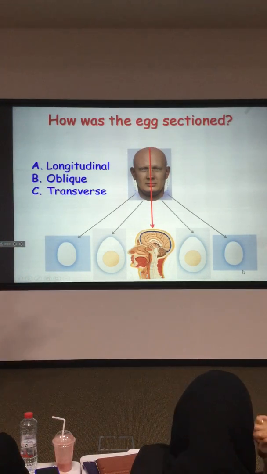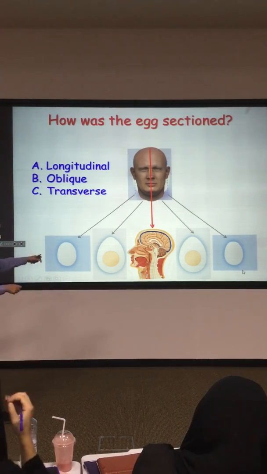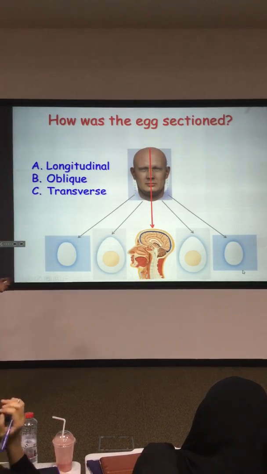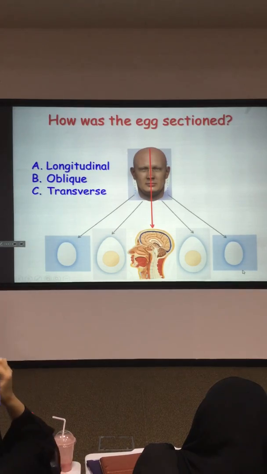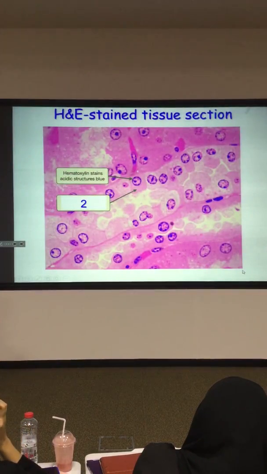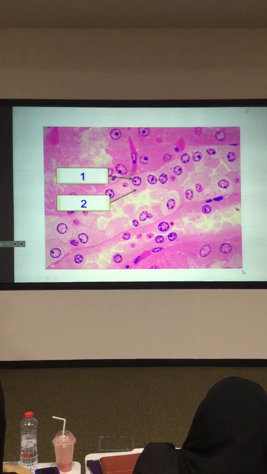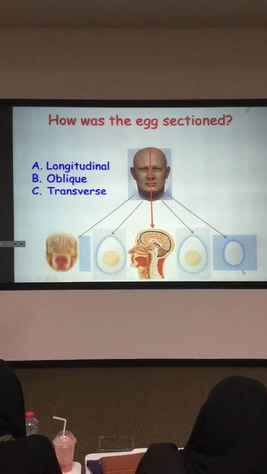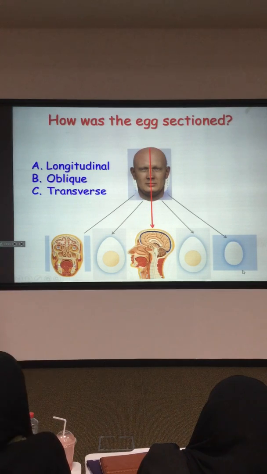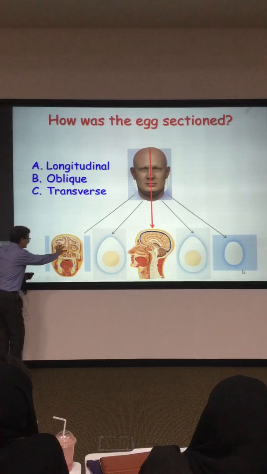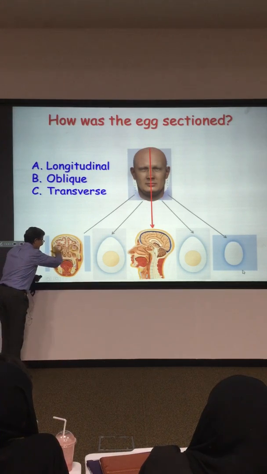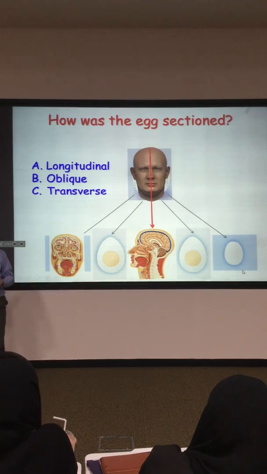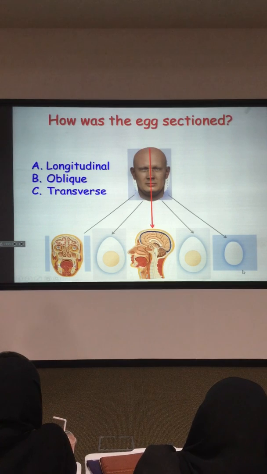So this is a sagittal section, and it shows you different compartments, the cranial cavity with the brain, the nasal cavity, and the tongue, and the oral cavity, and so on. But if you have a section like this, and this is a slide that you saw in the lab, you remember? You saw in the lab an area like this. The maxillary area here cut, this is a coronal section.